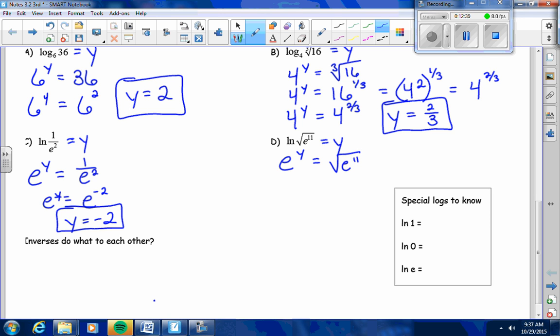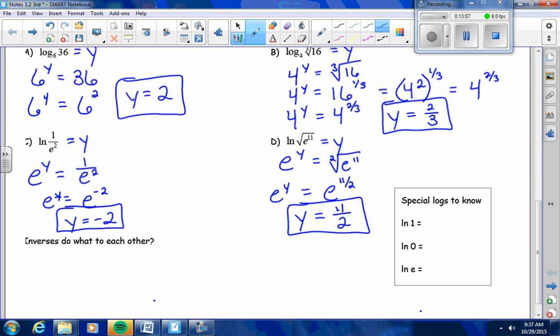What is the root of that radical? Squared, so that's a 2 in there. So how else could I write the square root of e to the 11th? e to the 11 over 2 equals e to the y. So what is our exponent? 11 halves.